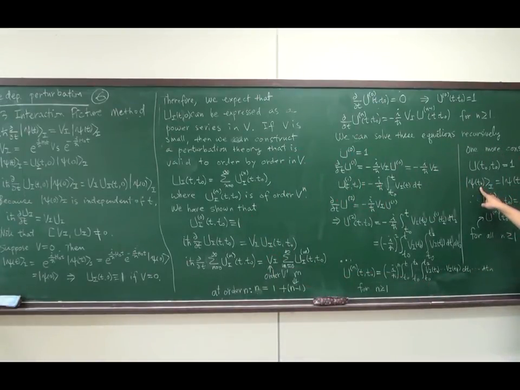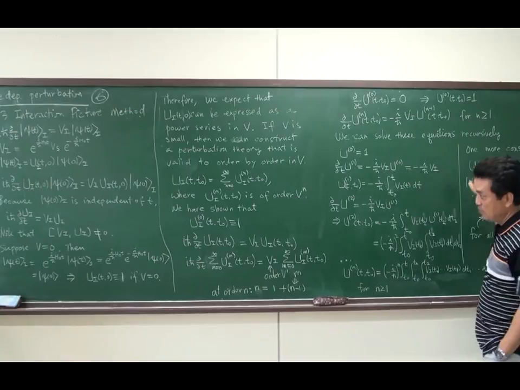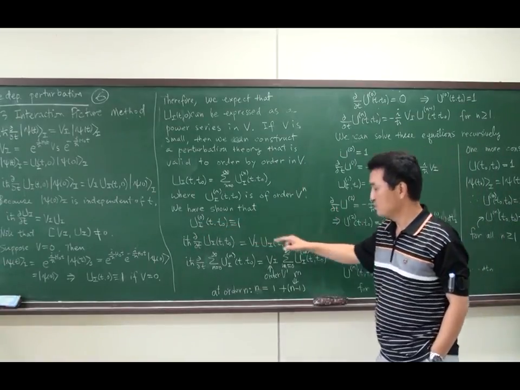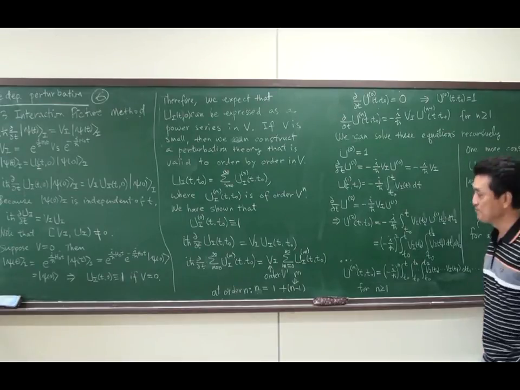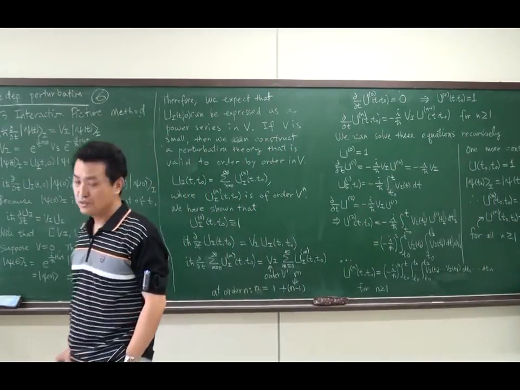So in that case, U at t0 is exactly 1. And we already know that the zeroth order component is 1. That means to all orders in V, the value at t0 is 0. So for all n greater than 0, everything is 0. So we have this constraint, the initial conditions.